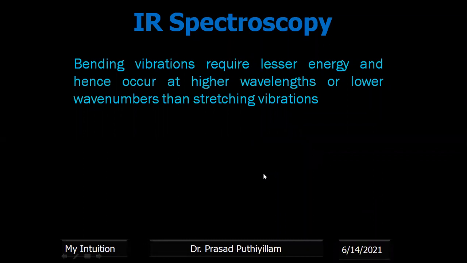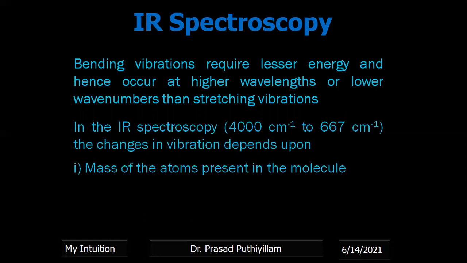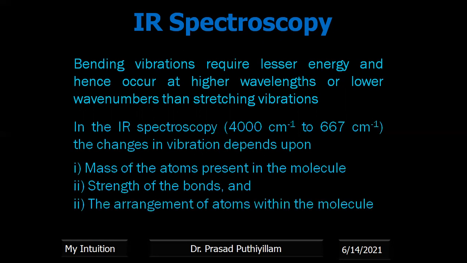Now the bending vibrations require lesser energy and hence occur at a lower wavenumber than stretching vibrations. That means compared to stretching, the energy required for the molecule to undergo bending vibration is less. In IR spectroscopy, in the range 4000 cm⁻¹ to 667 cm⁻¹, the changes in vibration depend upon the mass of the atoms present in the molecule, the strength of the bond, as well as the arrangement of atoms within the molecule.